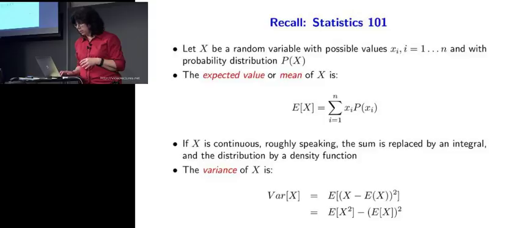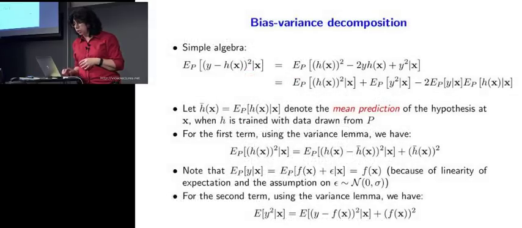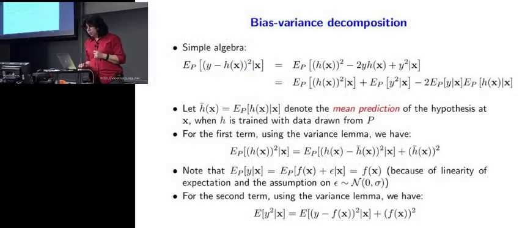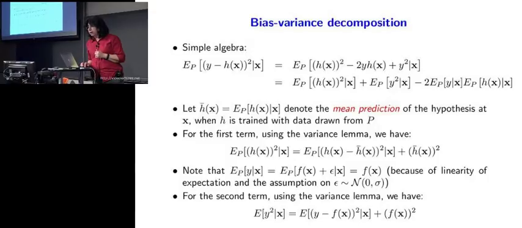Okay, so we're going to use this in order to do the math for this decomposition. So we take the error, and we can add and subtract some things and rearrange the terms. I'm not going to go through the math in detail, but the result is somewhat interesting. Okay, so we're going to end up with one term, which is this expectation of y squared given x, okay.